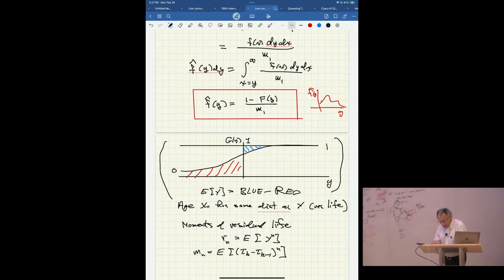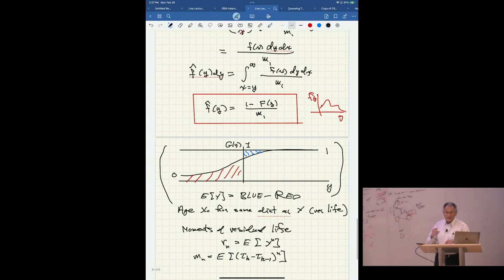This is not the mean that I've written in the red box here. I haven't integrated 1 minus f of y, right? So it's a coincidence. Excuse me?